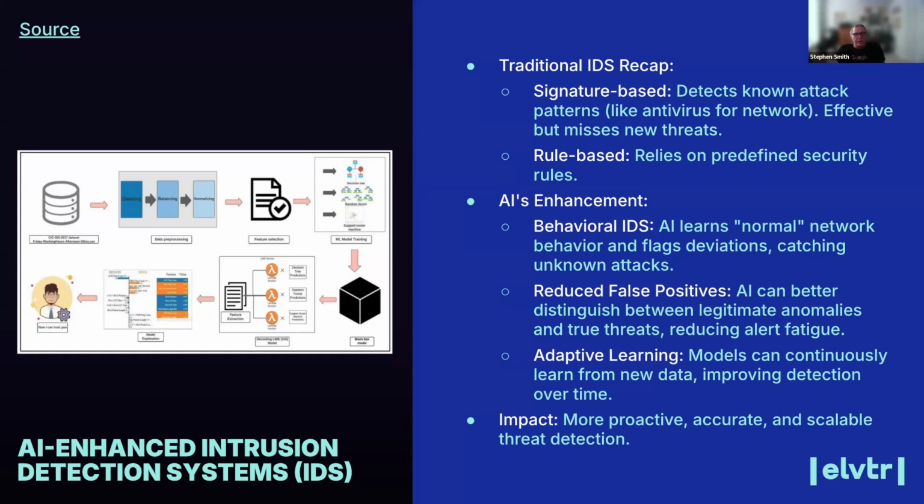You can catch repeat offenders, but if you get new kind of traffic that comes through, it's pretty useless. So it's like if you remember WannaCry 8 years ago, right? It exploited a vulnerability. It didn't have a signature, and then IDS was useless. So suboptimal to say the least.